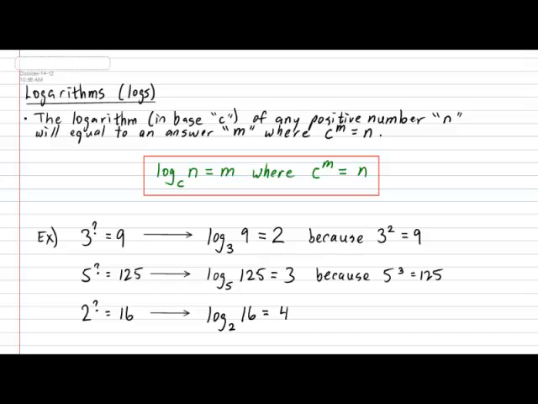Well, because 2 exponent our answer gives us back the 16, the number that we were logging. I hope that these 3 very simple examples will at least make you realize how important a log function is. A log function will help us determine any missing exponent for any combination of base and result.